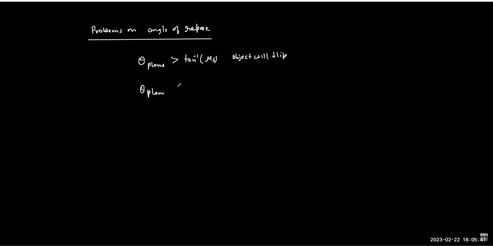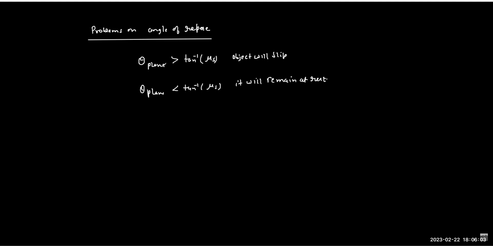And if the plane angle is less than tan inverse mu, then it will remain at rest. Correct. So this is what we studied. I hope you all remember this.